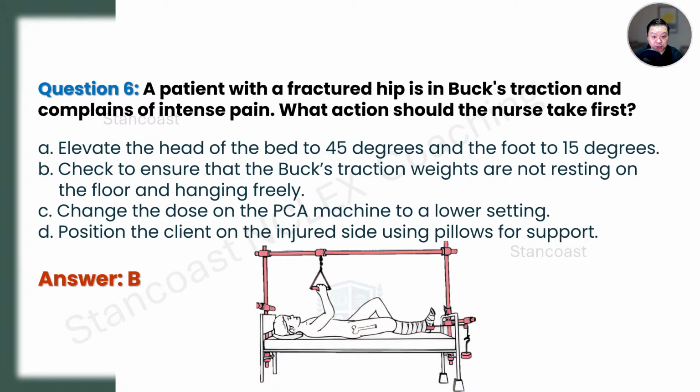If you selected letter D, position the client on the injured side using pillows for support, if you turn the patient onto the injured side, this will cause more pain and lead to more injury.